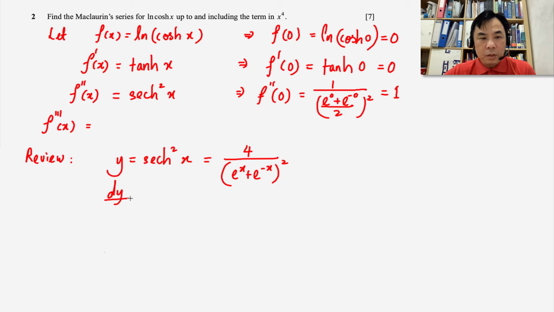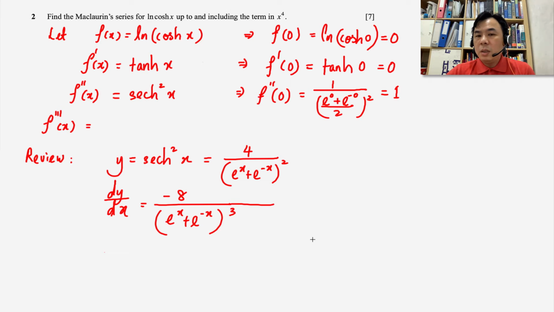So from here, we can differentiate that as usual. You can apply the chain rule; for me, I will apply the chain rule. Definitely, that will be negative 8, and then I will have (e^x + e^-x) to the power of 3, definitely.